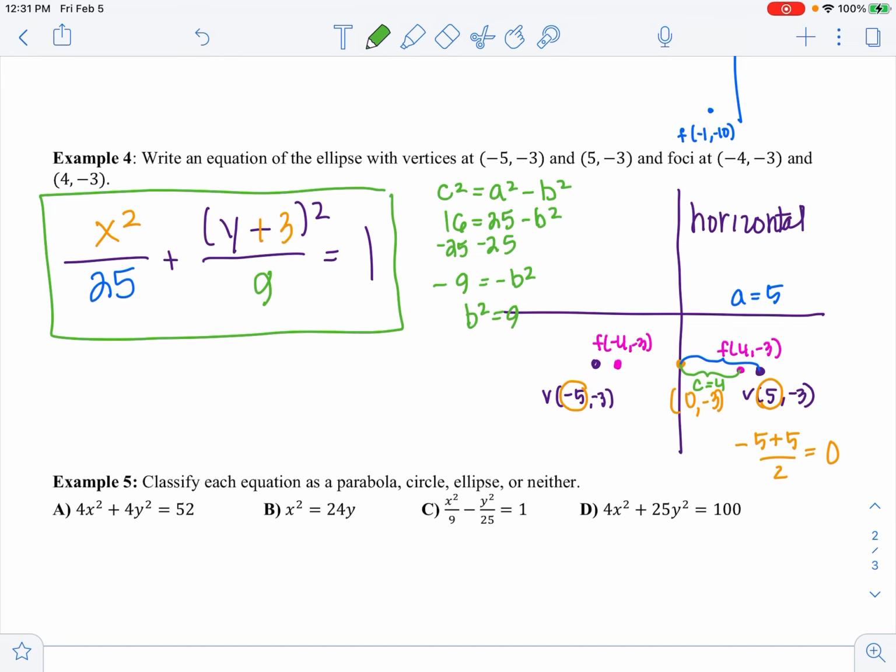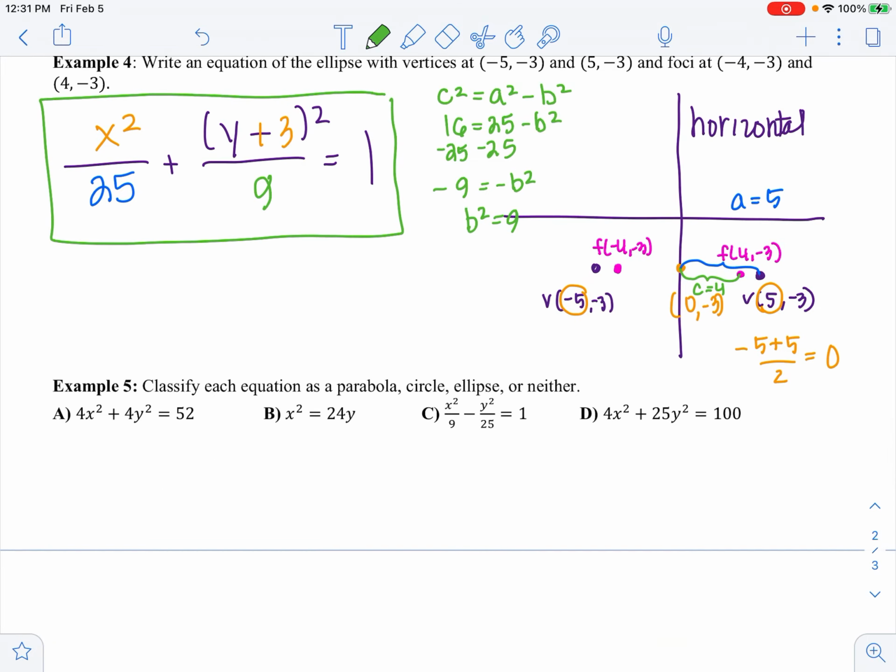All right, last but not least here, this is just classify whether it's a parabola, a circle, an ellipse, or neither. So let's start with how we know it's a parabola. We know it's a parabola if it has an x squared and a y, or a y and an x squared.